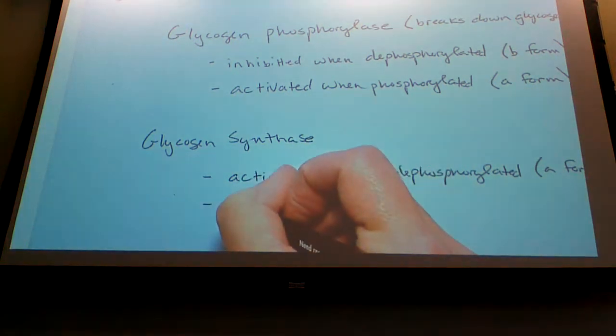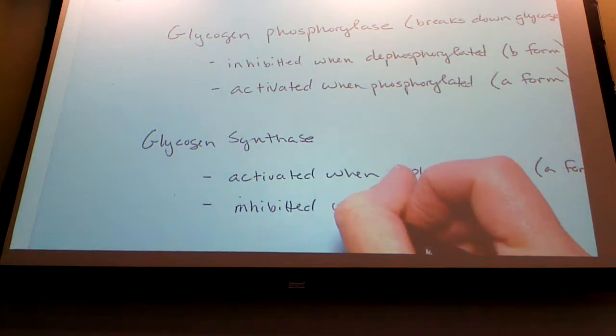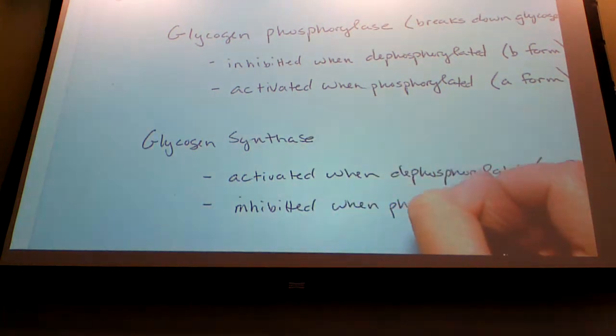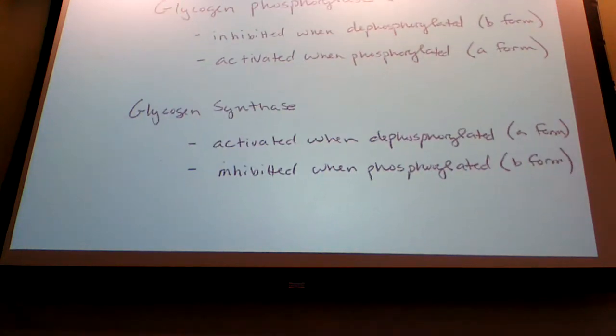And this is inhibited when phosphorylated. That's your D form.